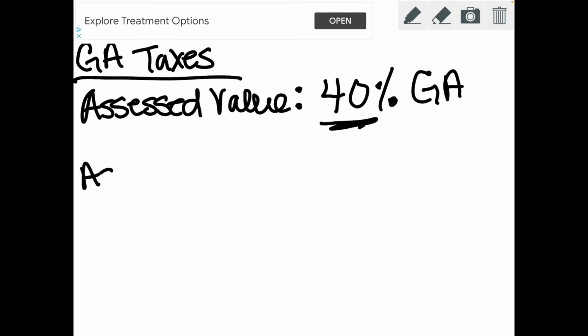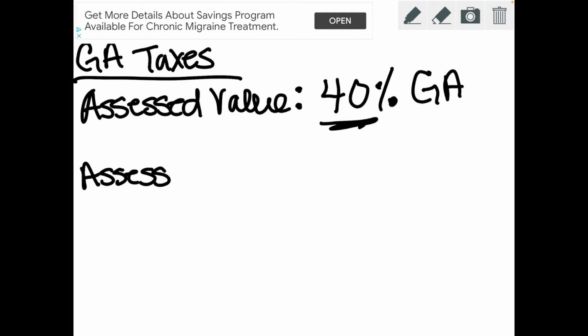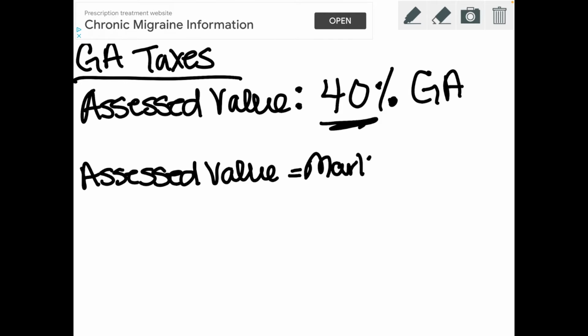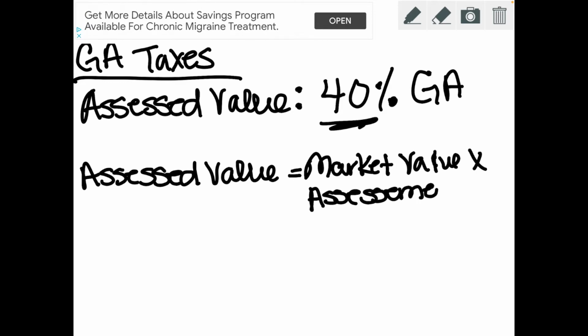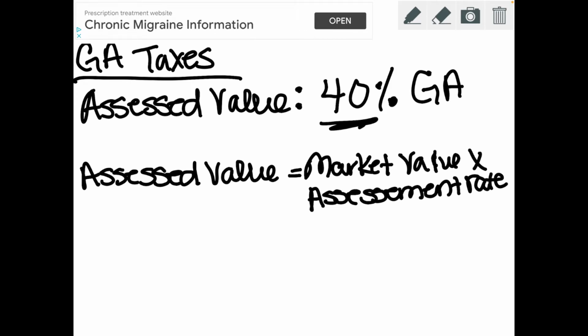To solve for the assessed value, your equation is always going to be your market value times your assessment rate. All right, so let's see what that looks like in a question.